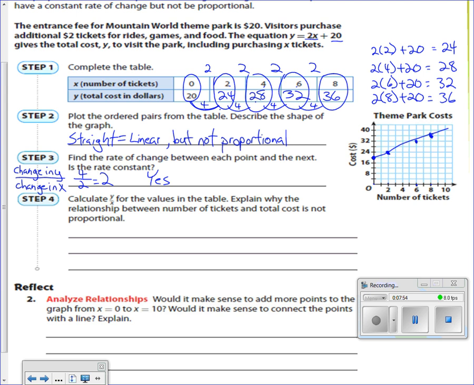Okay, step 4. Calculate y over x for the values of the table. Explain why the relationship between the numbers of tickets and total cost is not proportional.